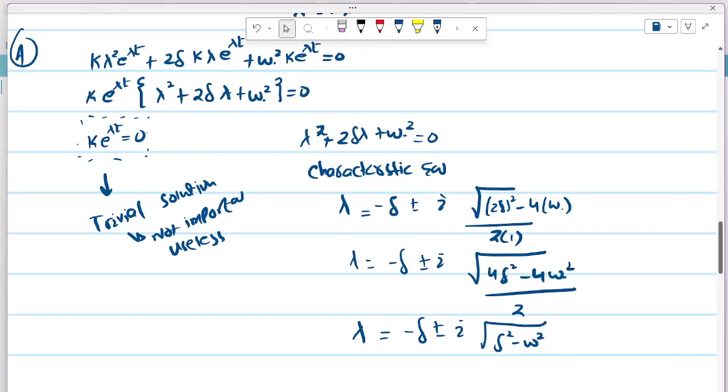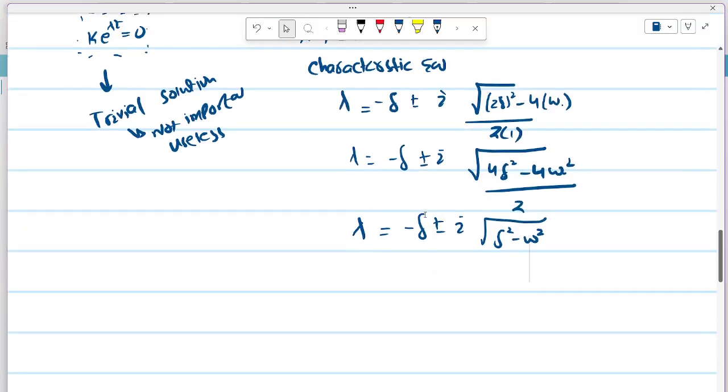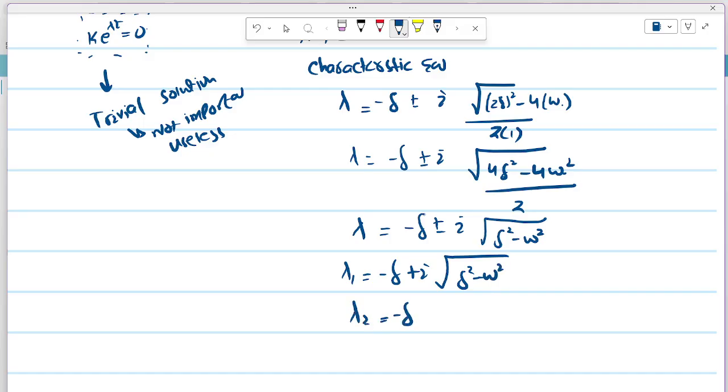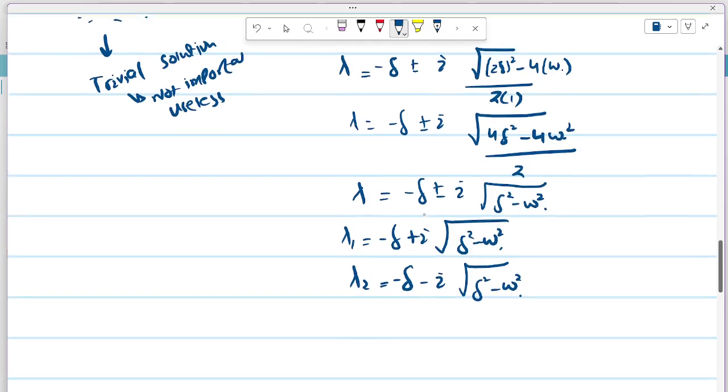So once we reach these roots, obviously we have two roots. One would be equal to minus lambda plus iota delta square minus omega square. Other would be equal to minus damping coefficient minus iota damping coefficient square minus omega square. So we have two roots. We can substitute that into our equation of motion and solve that equation.